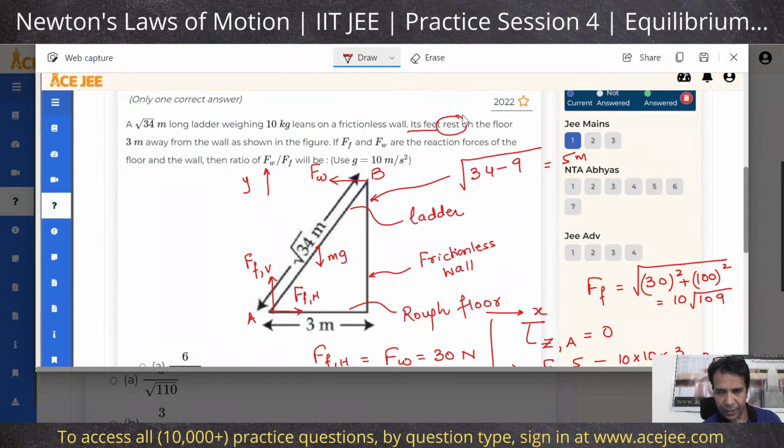So I got my FW by writing torque equals to 0 about point A. Once I got my reaction force from the wall onto the ladder, then I was able to quickly write summation of forces along X direction to be 0 to find out the FFH. That means the horizontal component of the reaction force from the floor. And then similarly, I wrote the summation Fy equals to 0 to get the vertical component of the reaction force from the floor. Clear hai?